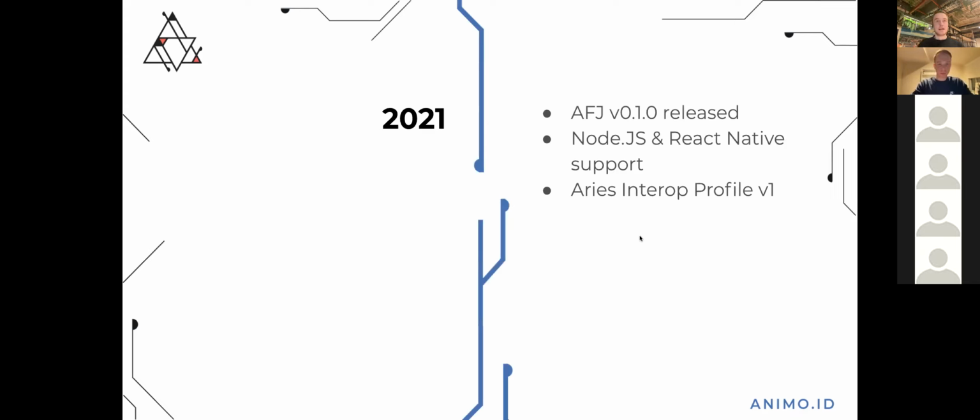In 2021 we have just released our first version, 0.10. But even though it's a low version number, it doesn't mean it doesn't have a lot of features. We basically have Aries interop profile v1 support at the moment. We can create DIDComm connections with other agents.